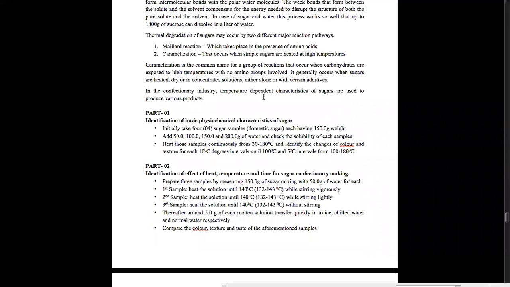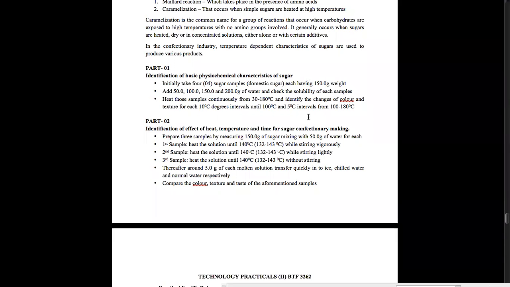We have to take 4 samples, add water, and increase the temperature from 30 degrees to 180 degrees Celsius and take the readings. Here you can get very interesting results. So you all have to take photos and attach them to your practical reports, right?